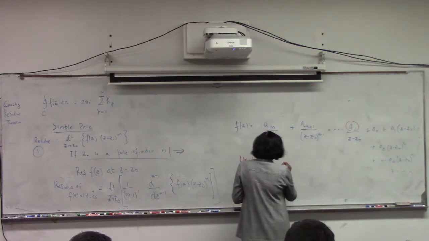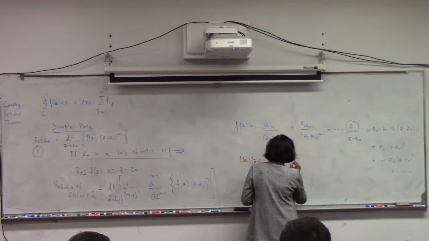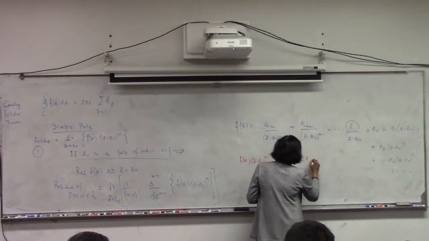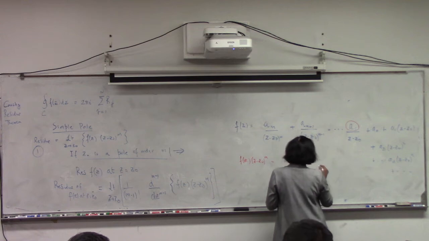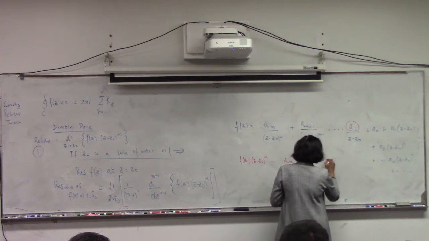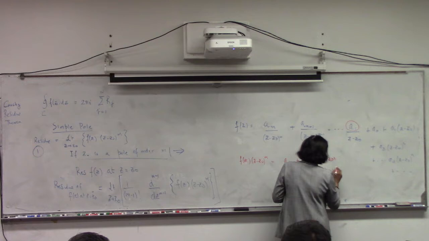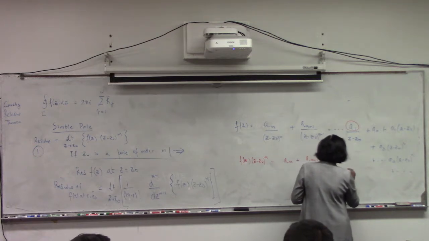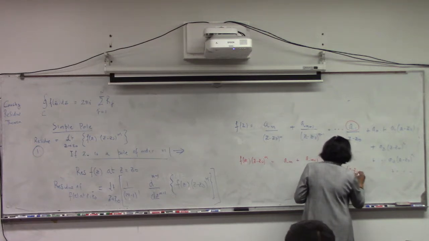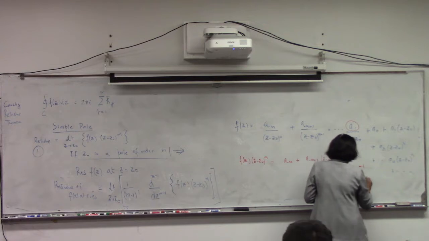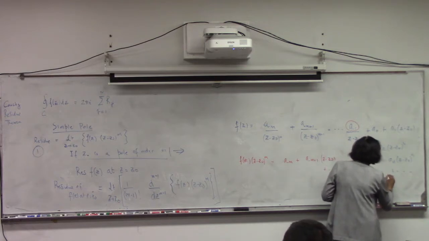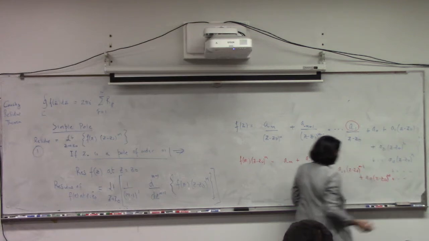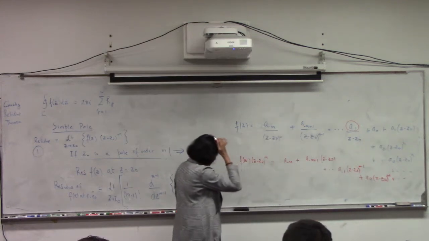So the first term is a minus n plus 1 multiplied with z minus z naught, and so on and so forth, and a minus 1 will have z minus z naught to the power n minus 1. Others will have higher powers in it.